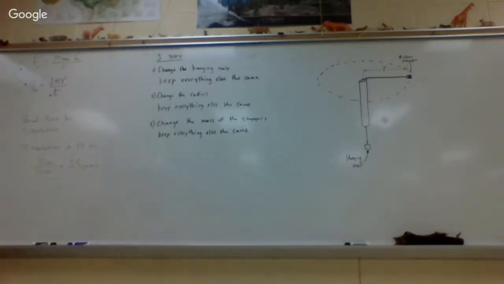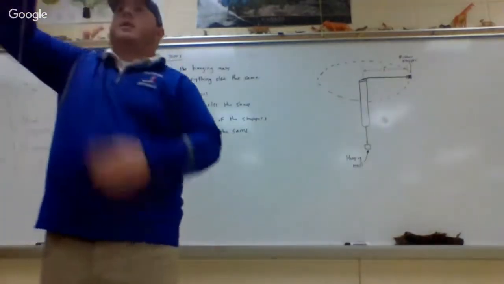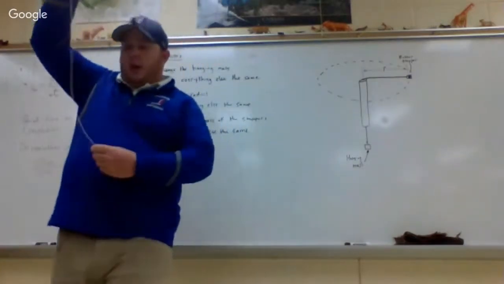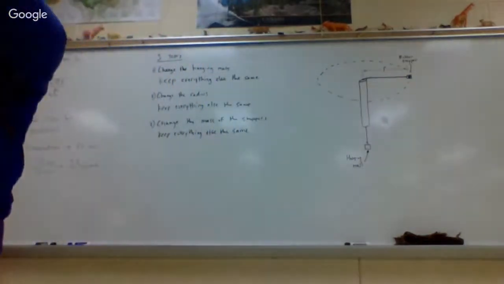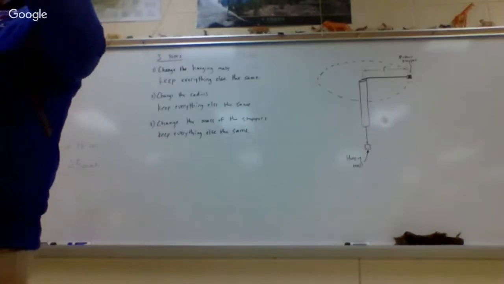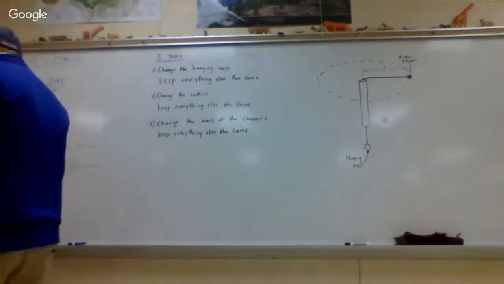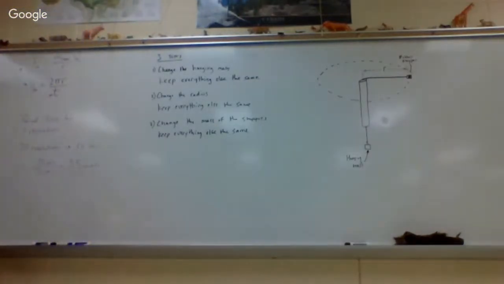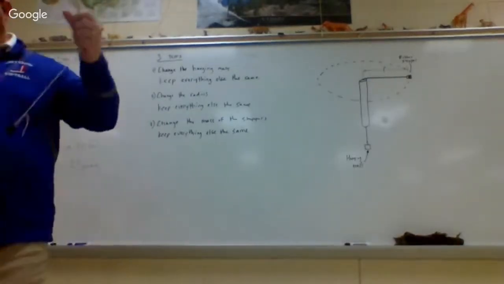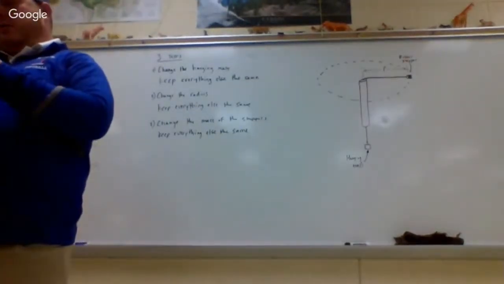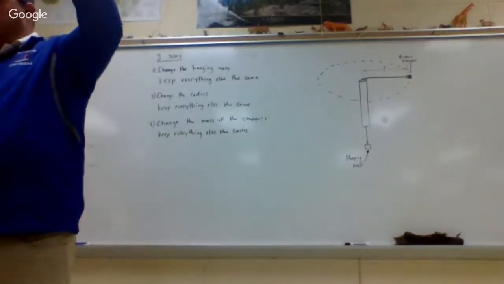You're going to need the string, and this rubber stopper is tied to one end of the string, and then you're going to need a loop in the other end to hang a mass on it. You will have a set of these masses, and so it hangs like this.